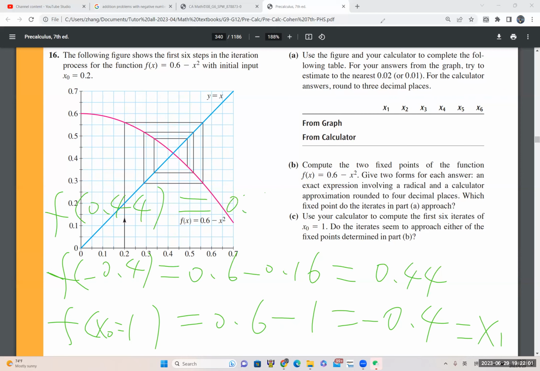This is minus something squared. Then let's have one more step.